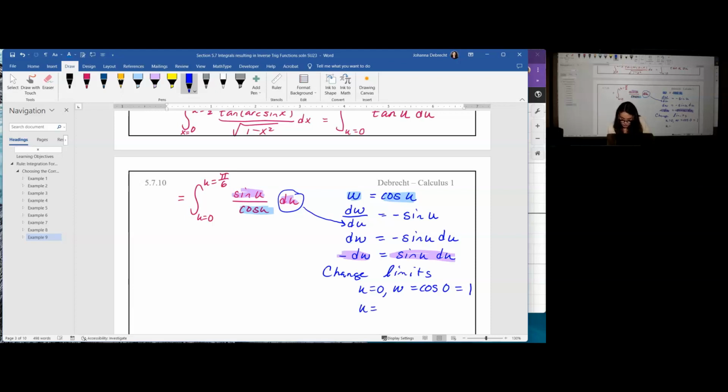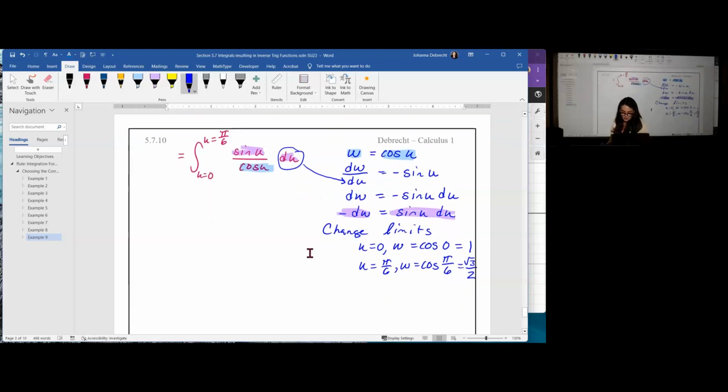When u equals pi divided by 6, w becomes the cosine of pi divided by 6. But the cosine of pi divided by 6, being that long, low triangle, is the x side, which is the longer side. So I get square root of 3 divided by 2.